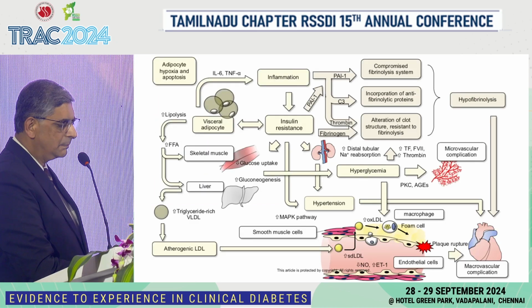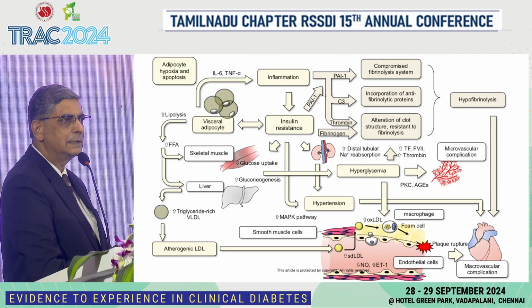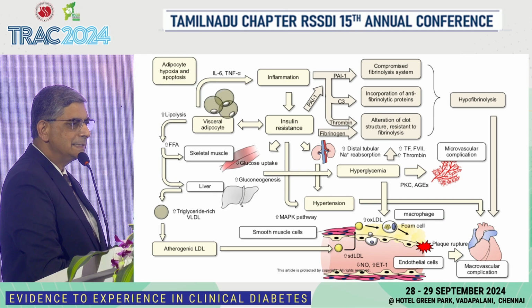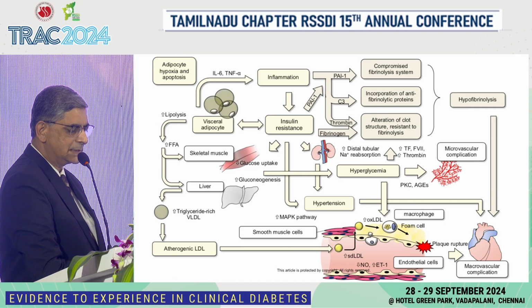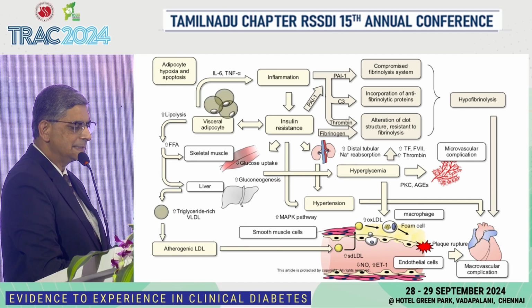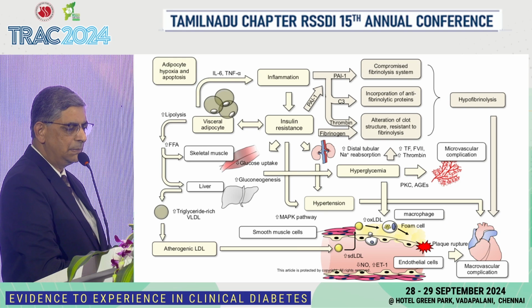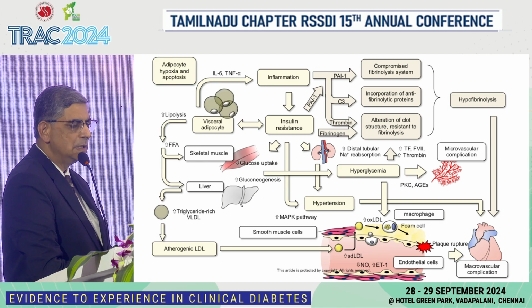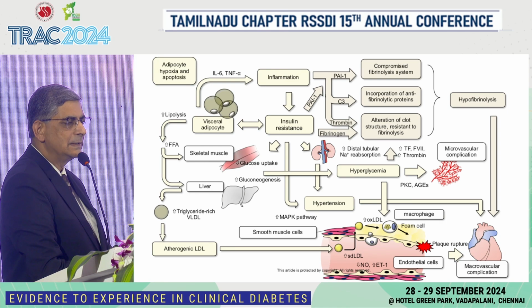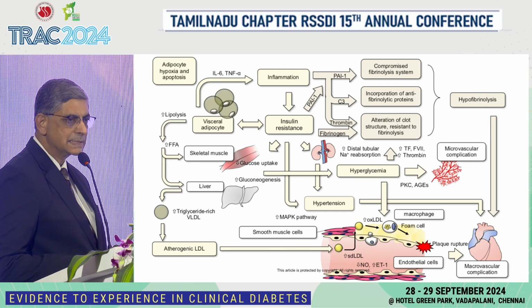Now, this is a complex diagram, and I don't want to get into the depth of it all, but you can see the interplay of various risk factors, starting with hyperglycemia, and added to that there's inflammation, hypertension, dyslipidemia, hypofibrinolysis, endothelial dysfunction. So there are multiple pathways which happen in the presence of hyperglycemia, which increase the risk of macrovascular complications, particularly cardiovascular disease.